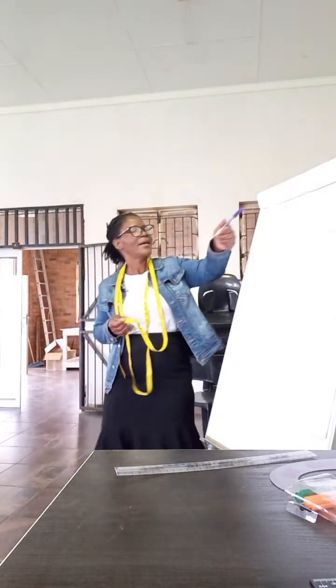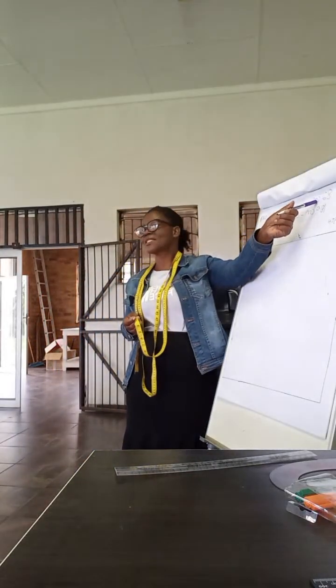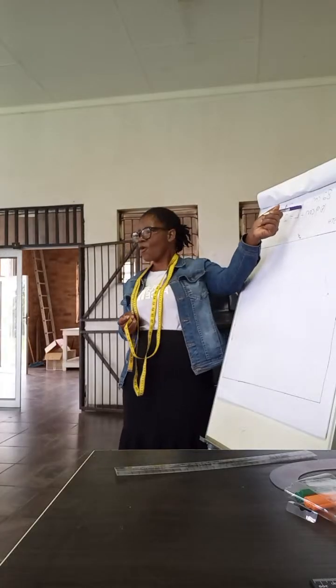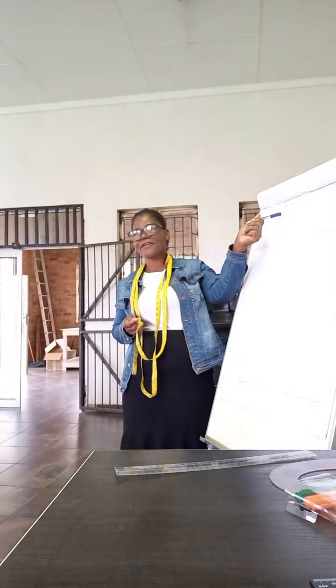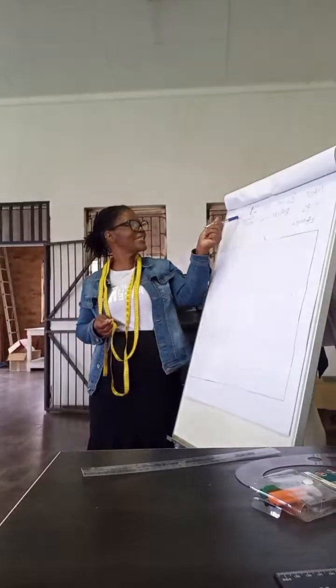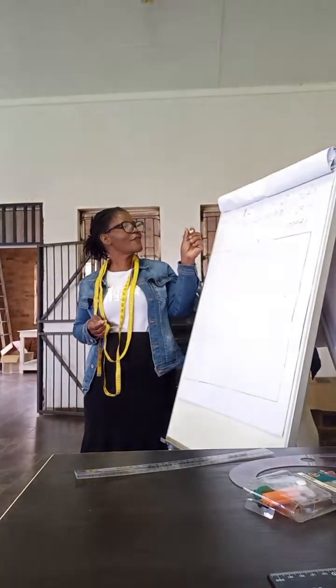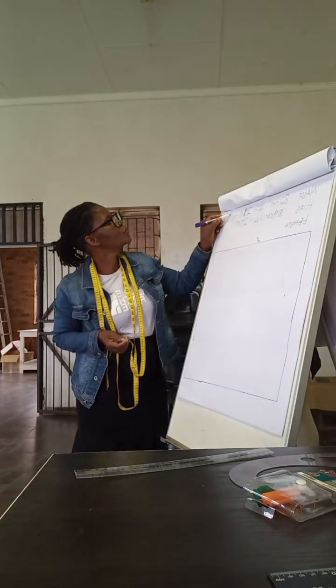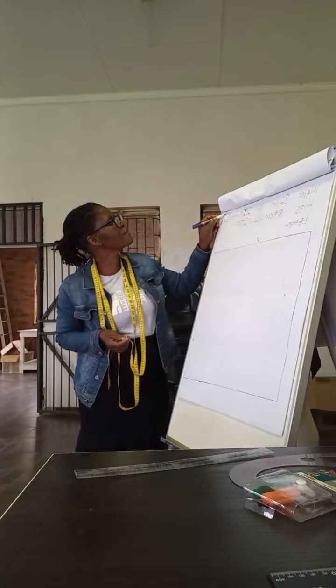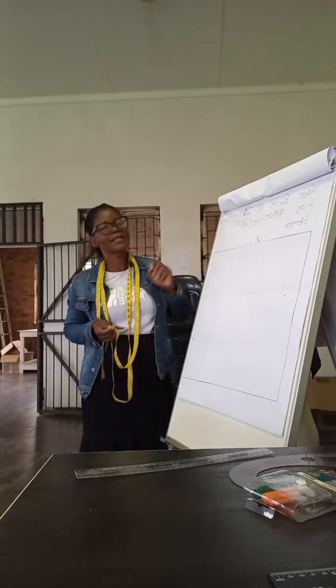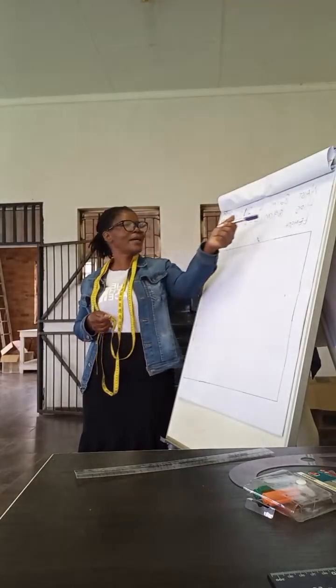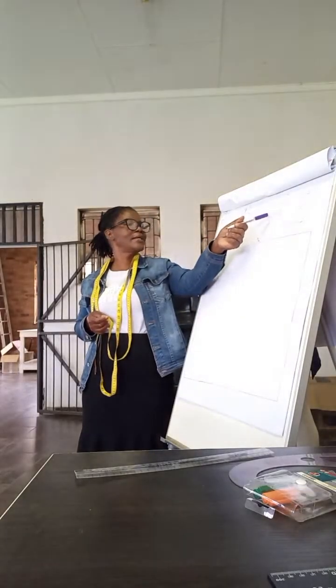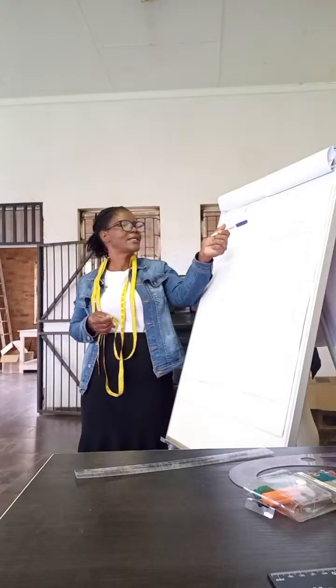Waist, 82 centimeters, and then I divide that by 4. You have 21.5. Add that 3 to that, you have 24.5 centimeters.